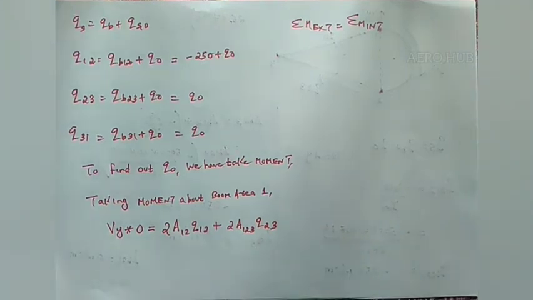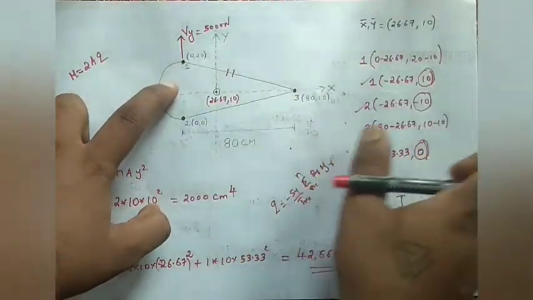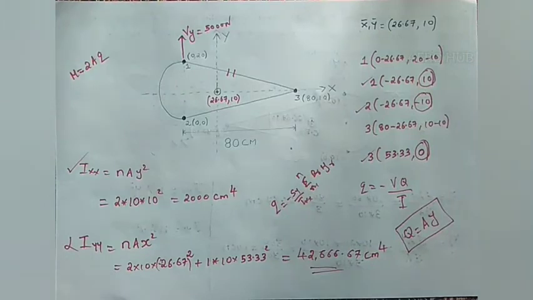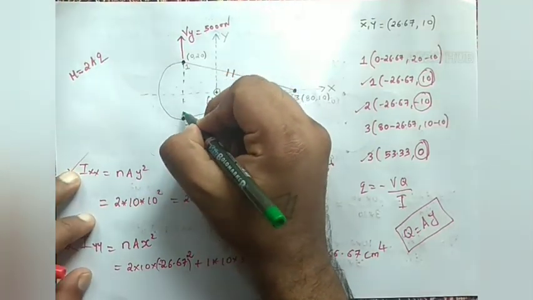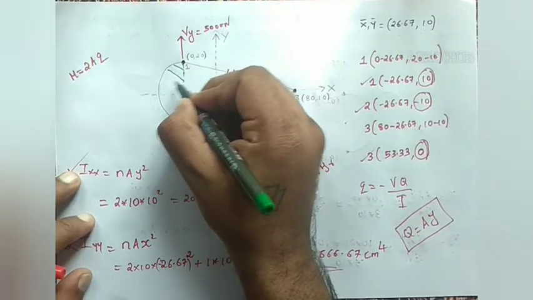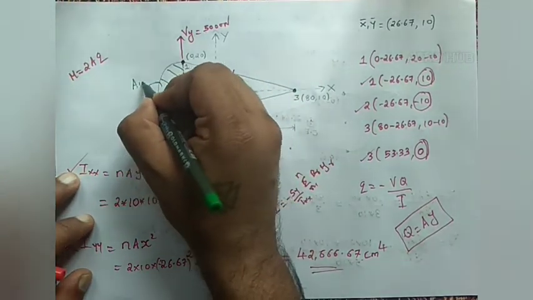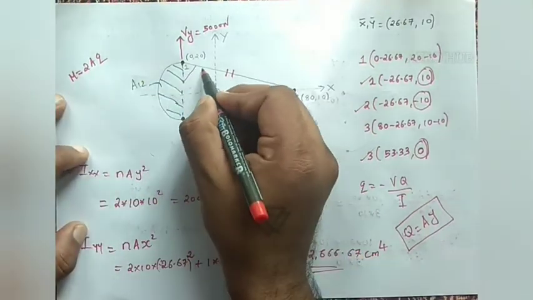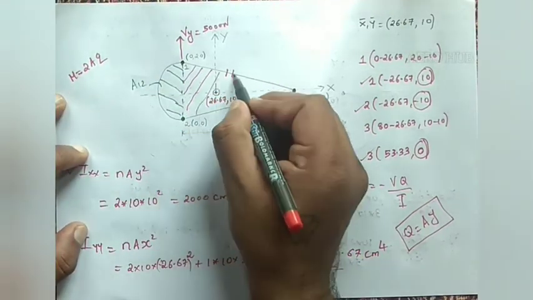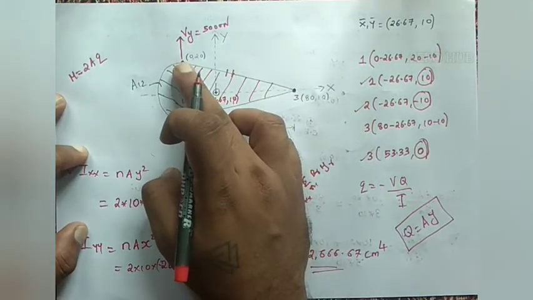Okay, so the area A12 is nothing but the area of the semicircle. A12 is this area enclosed, and A123 is this area, enclosed by points 1, 2 and 3.